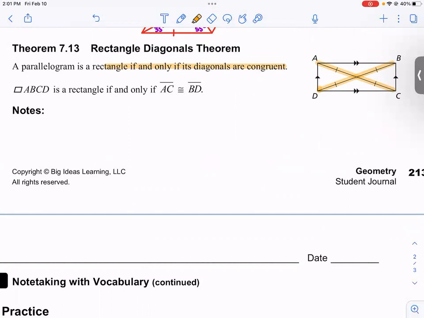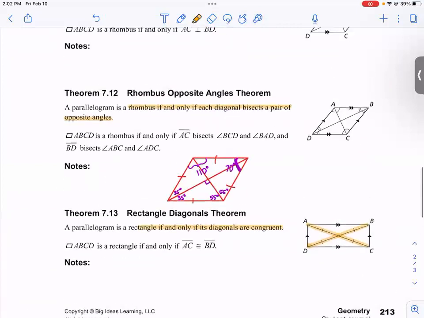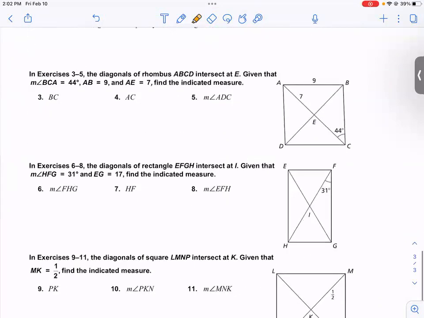So not only is AC congruent to BD, but these little pieces are going to be congruent. So in a square, our diagonals would be congruent, perpendicular, and bisect. So let's break this down.